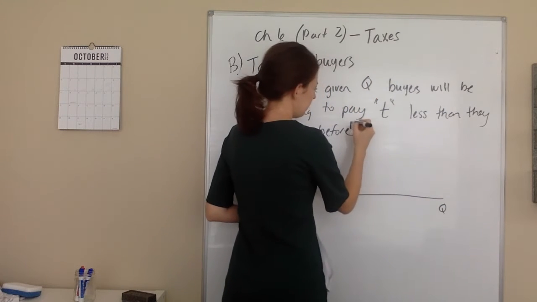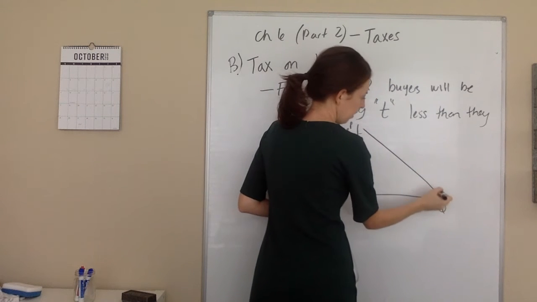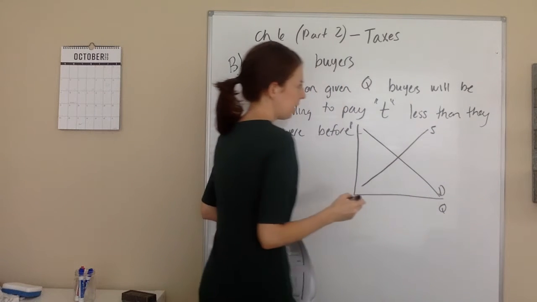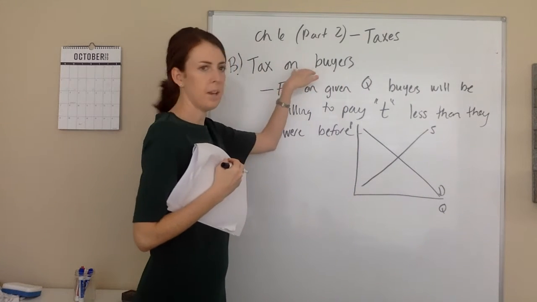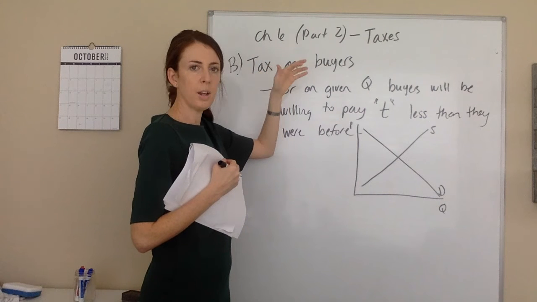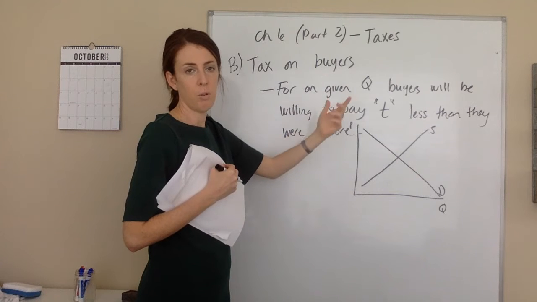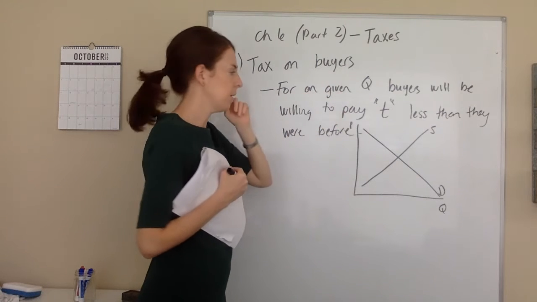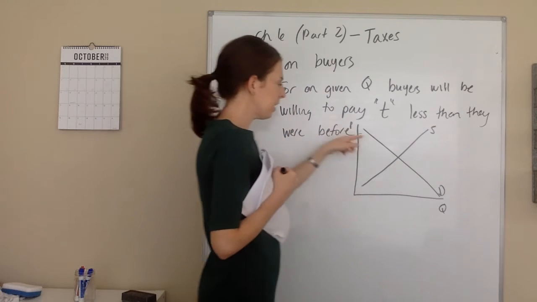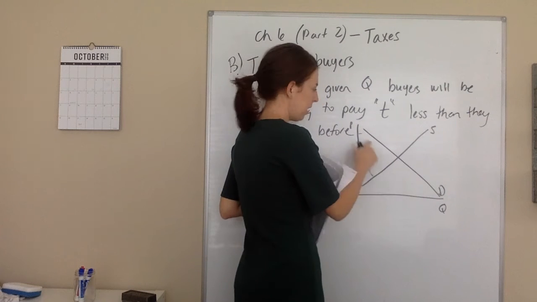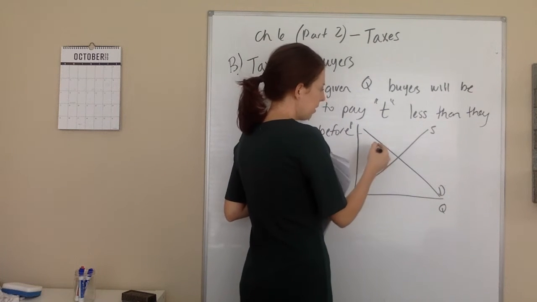We've got a demand, we've got a supply, and now the government has come in and says, anytime there's an exchange in the car market, a buyer is going to have to write us a check for $100, or whatever the tax amount is. So the buyers say, this curve traces out my willingness to pay different prices for different quantities.